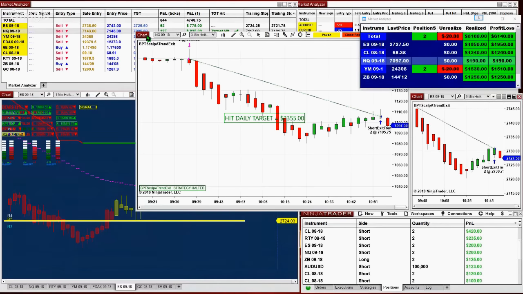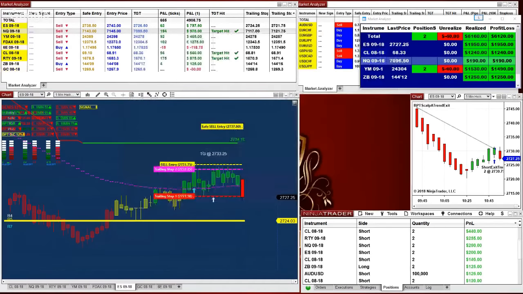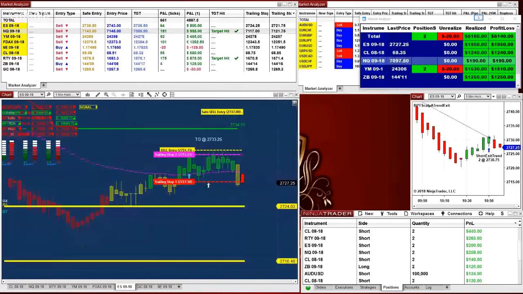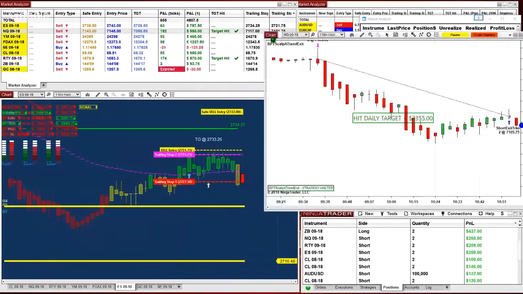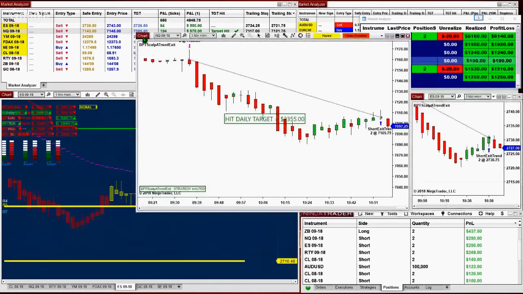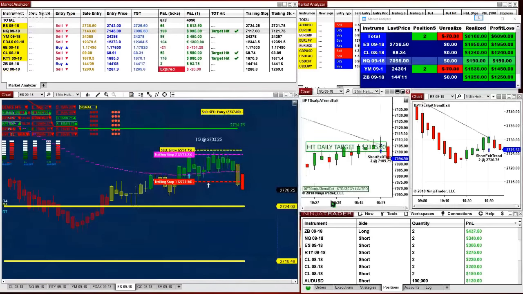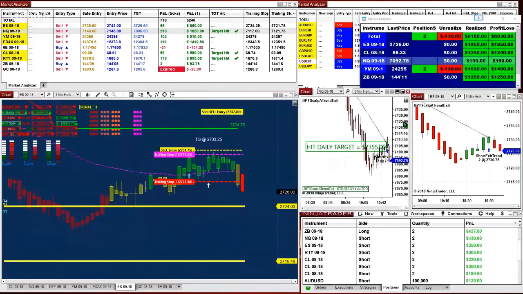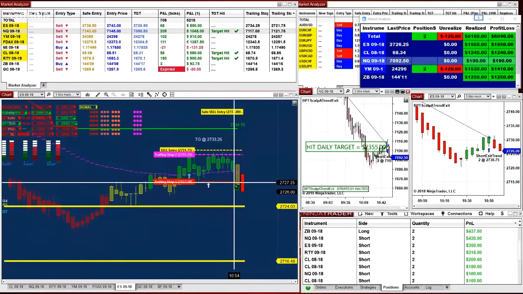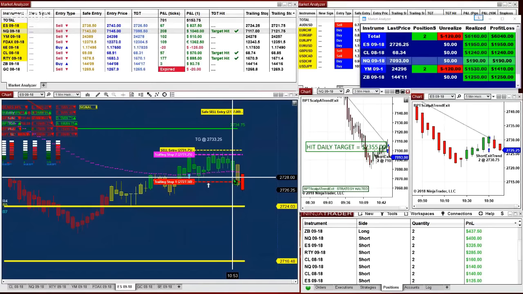So whoever took that trade earlier today made it, and whoever is trying to go into this market right now, the probability for you to nail anything on the ES right here is very low.